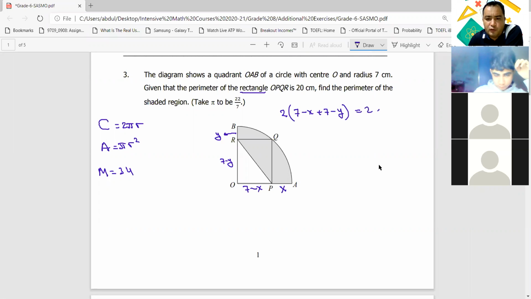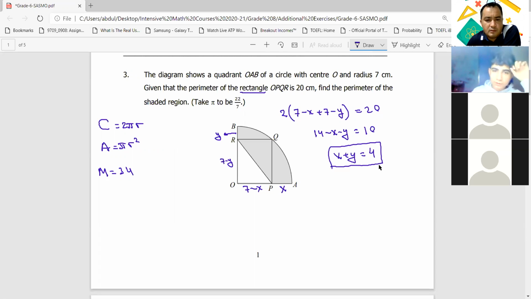That's equal to 20. So 14 minus X minus Y is equal to 10, or X plus Y is equal to 4. Is that correct? No, I had a mistake. I think it was a square.